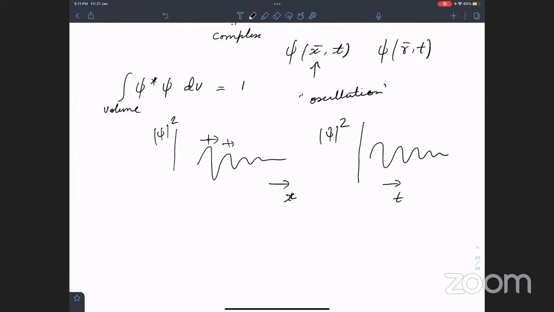How much it oscillates in time dictates its frequency. How much it oscillates in space dictates its wavelength or wave number. Okay, so you see that, right? So there is a correspondence in a way between space and momentum, time and energy. Time and frequency, momentum and wavelength. Energy and frequency, momentum and wavelength.